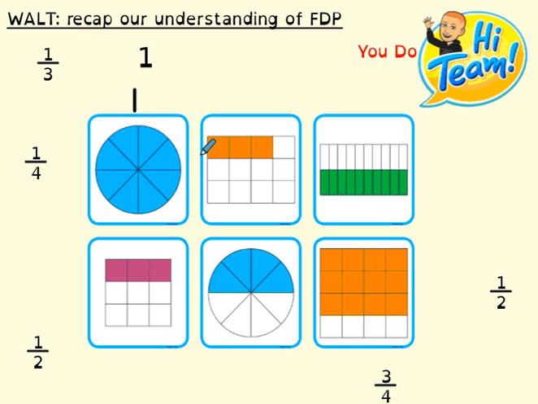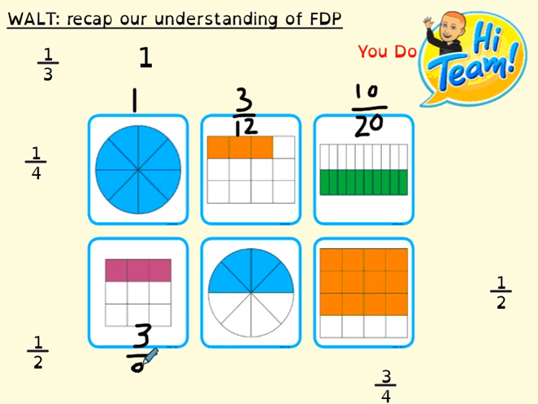Here I've got 3 of my parts shaded in, and I've got 4, 8, 12 parts in total. Here I've got 10 of my 20 parts shaded in. Here I've got 3 of my 9 parts shaded in.